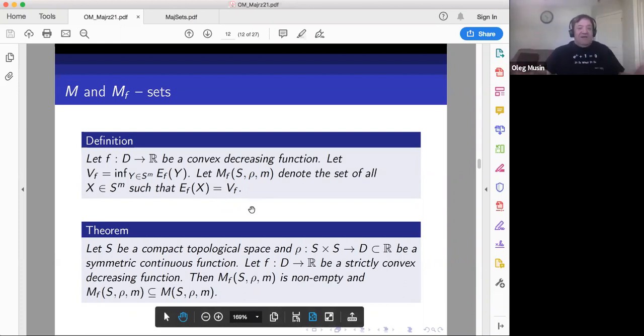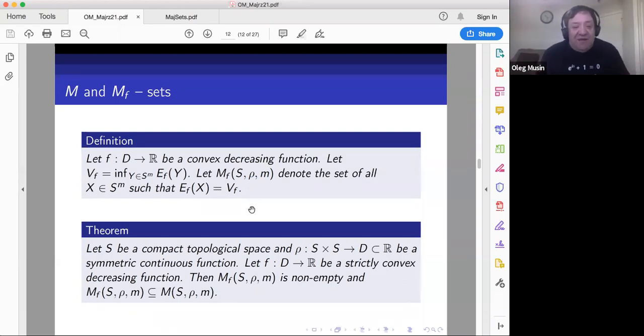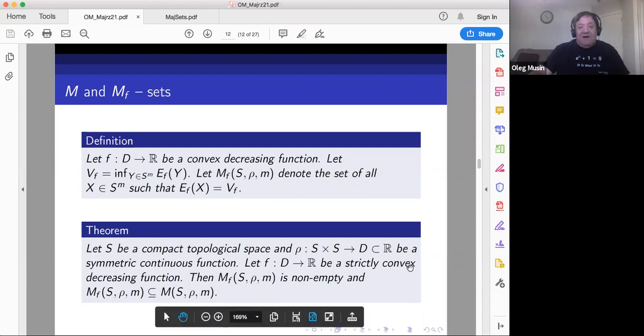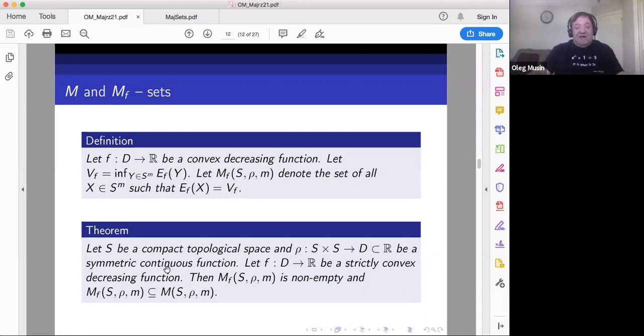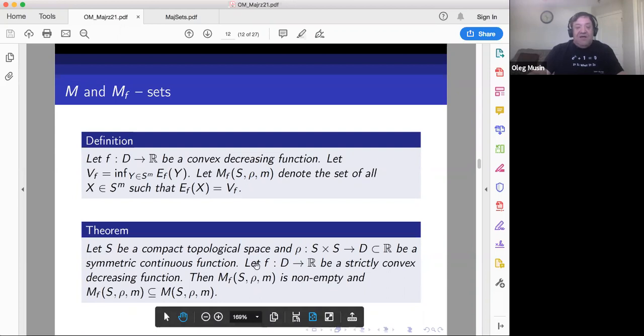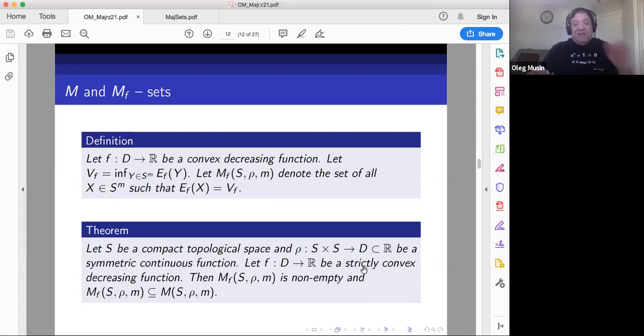Now, let first S be a topological space. We need compactness, a compact topological space is the first assumption. Second, of course, rho has to be a symmetric continuous function. And the last assumption, f has to be a strictly convex decreasing function, not just convex decreasing, but strictly convex.